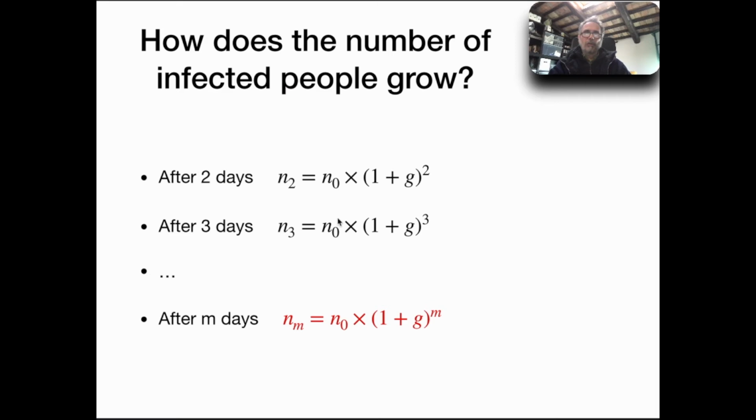And then it's extremely easy. After 2 days, you need to multiply by 1 plus g squared. After 3 days, you need to multiply by 1 plus g to the cube, and after m days you need to multiply by 1 plus g to the exponent m.